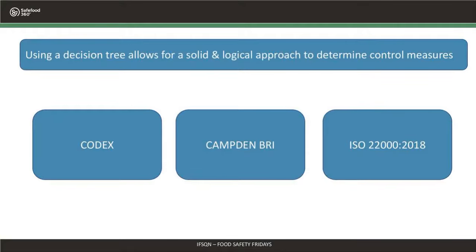The Codex decision tree focuses on whether the hazard should be controlled as a critical control point or not. But it doesn't assist in determining what type of control should be used where there is an outcome other than a CCP. Other robust models like the ISO 22000 model will account for PRPs and OPRPs as well.